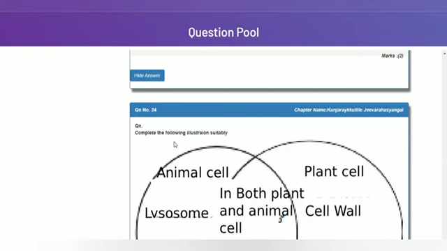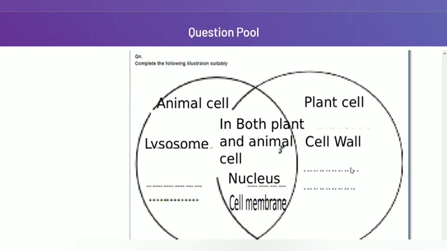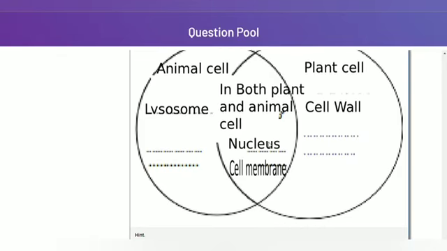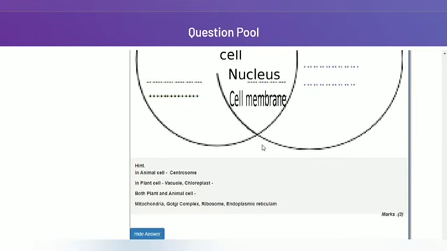Question number 24. Complete the following illustration suitably. The picture is given. One is the plant cell and another is the animal cell. Lysosome is present in the animal cell. Cell wall is present in the plant cell. In both plant and animal cells, nucleus and cell membrane are present.